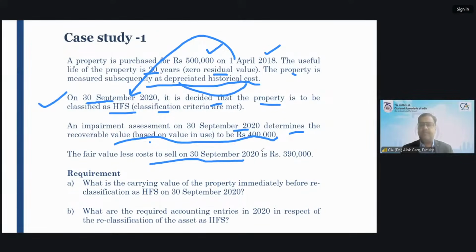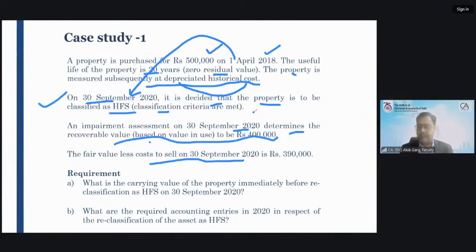And there is an impairment. The recoverable value is 4 lakhs. So from 5 lakhs minus 62,500, it comes to 4 lakh 37,500 as the carrying value.